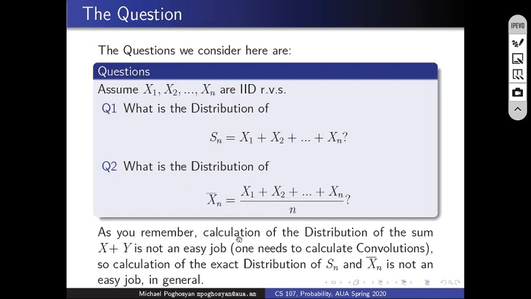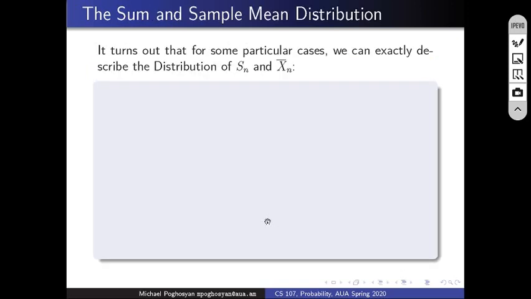As you remember, calculation of the distribution of the sum is not an easy job. We need to calculate some convolutions. It is very hard to find the distribution, and usually it is impossible.